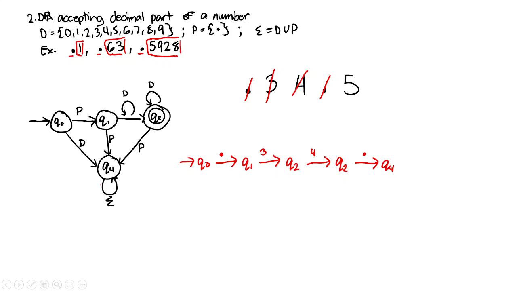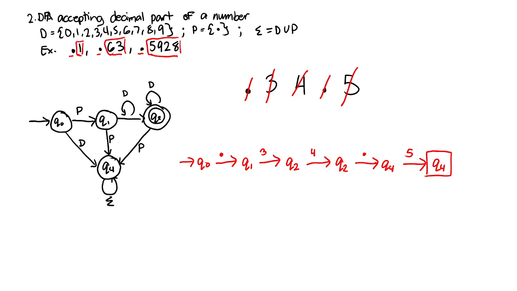After that, the next symbol we read is 5. If we are in Q4 and see the symbol 5, we go back to Q4 because 5 is part of sigma. Again, 5 is part of sigma. Sigma is just the union of D and P. Then 5 is part of D. So we just write Q4.